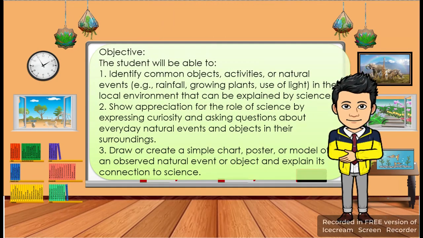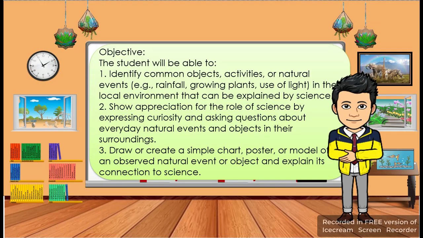But before that, these are our objectives. The student will be able to: 1. Identify common objects, activities, or natural events, example rainfall, growing plants, use of light in the local environment that can be explained by science. 2.